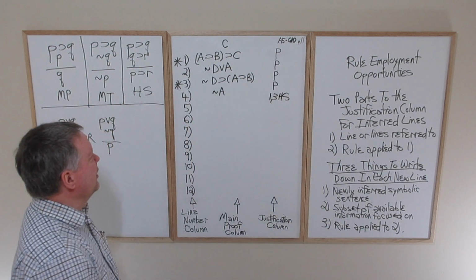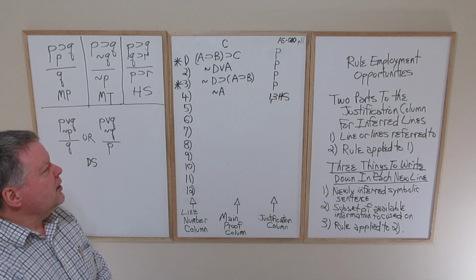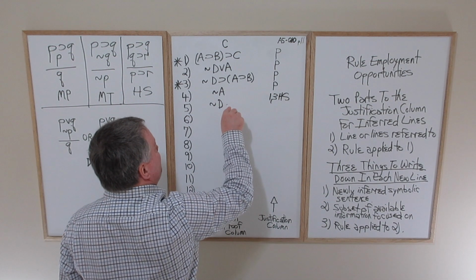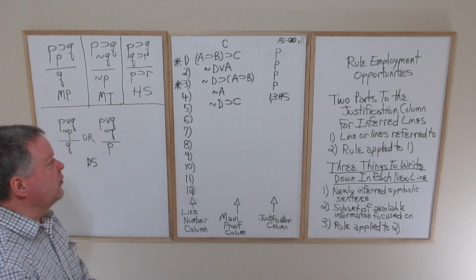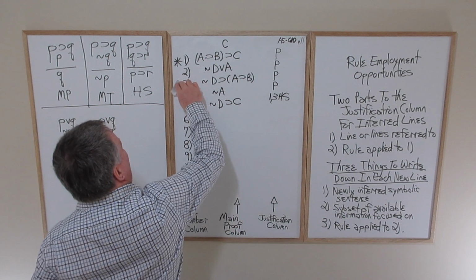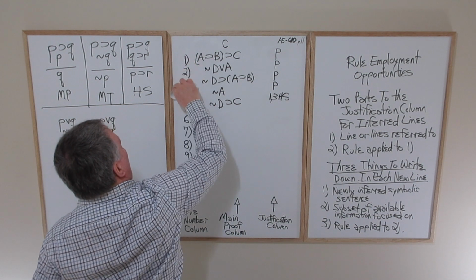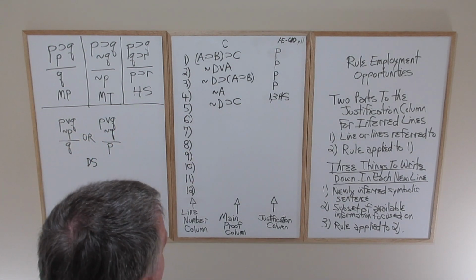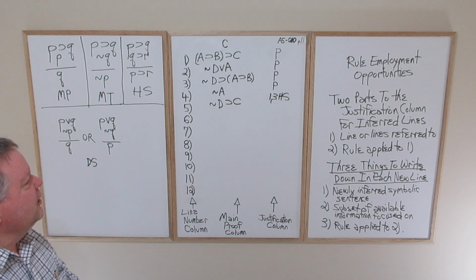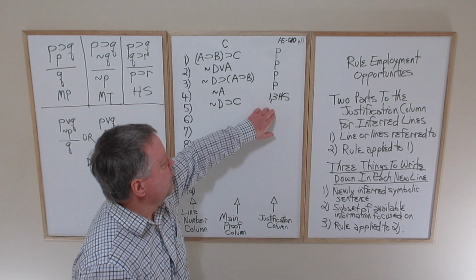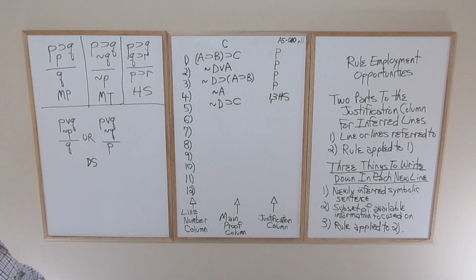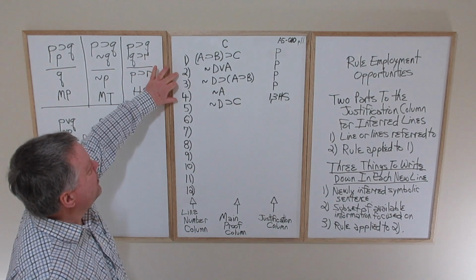And from lines 1 and 3, by hypothetical syllogism, we can validly infer the new conditional D horseshoe C. Or sorry, tilde D horseshoe C. After having carried out that correct rule employment, noting the 1, 2, 3 things that need to be written down for each new line of inference, we now return to our data set.